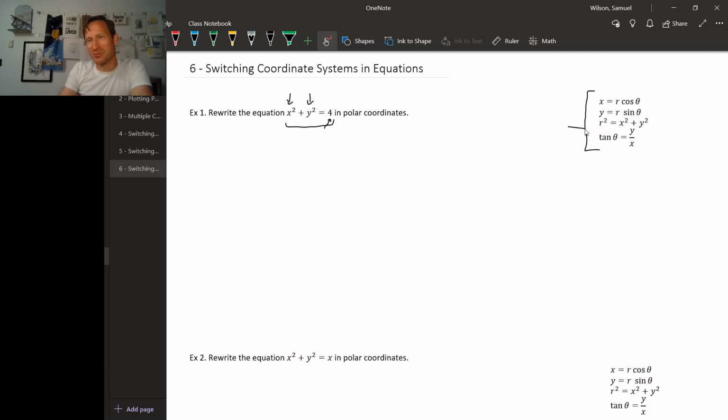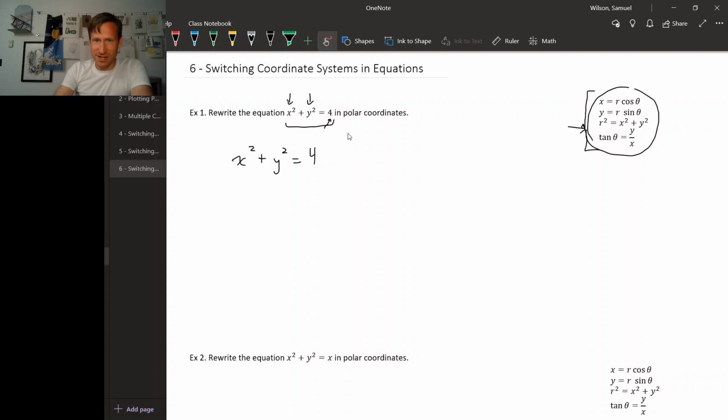And of course we're going to end up using these. So the equation that we're starting with here is x squared plus y squared equals 4. And somehow we have to use all of these to get an equation only with polar coordinates in it.